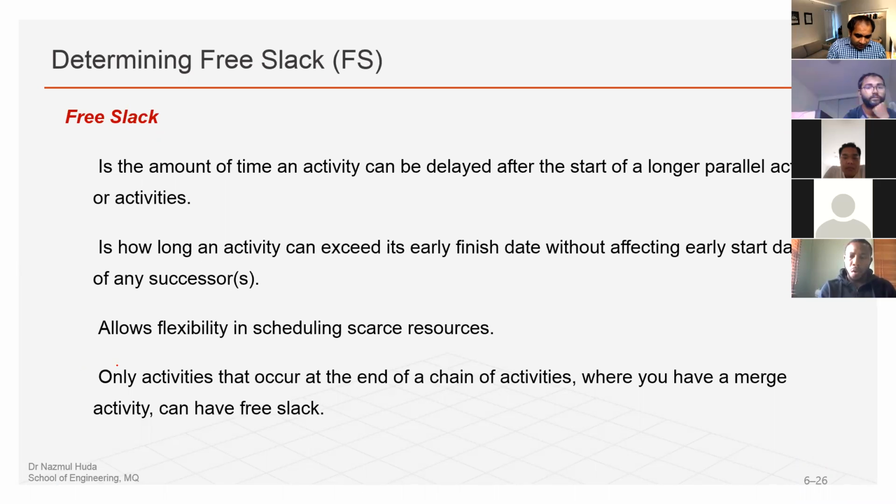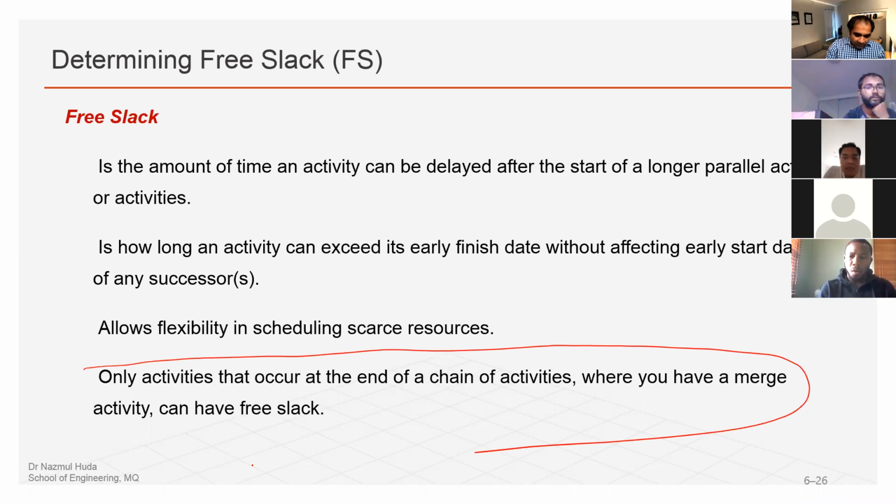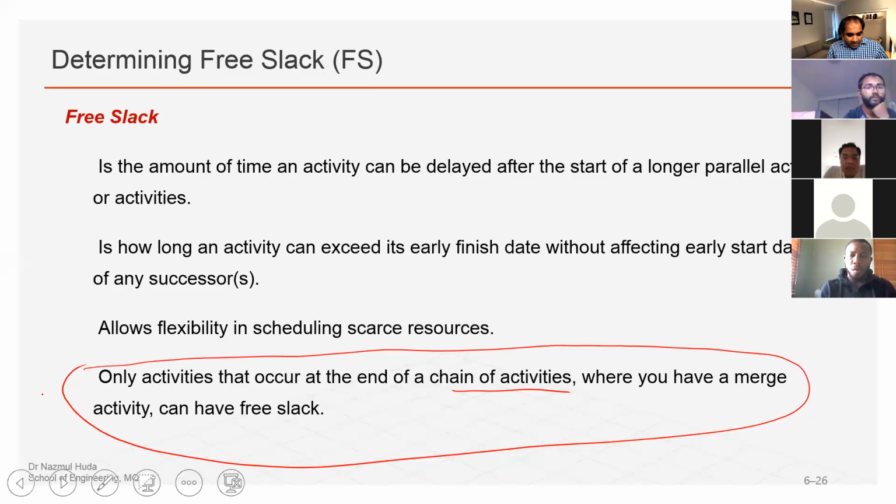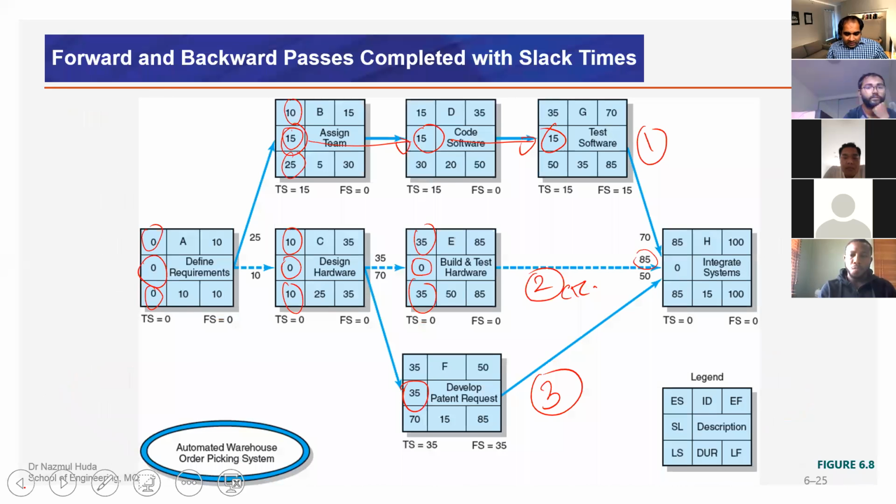This is a very critical statement about the free slack. We have 3 chains: chain 1, 2, and 3.